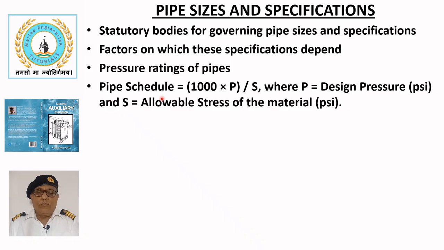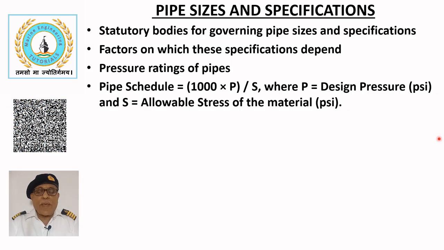Pipe schedule. Pipe schedule is a standard method used to define the wall thickness of pipes. It is a dimensionless number based on ratio of nominal pipe size to the wall thickness. The schedule number is important because it determines the pipe's pressure carrying capacity.